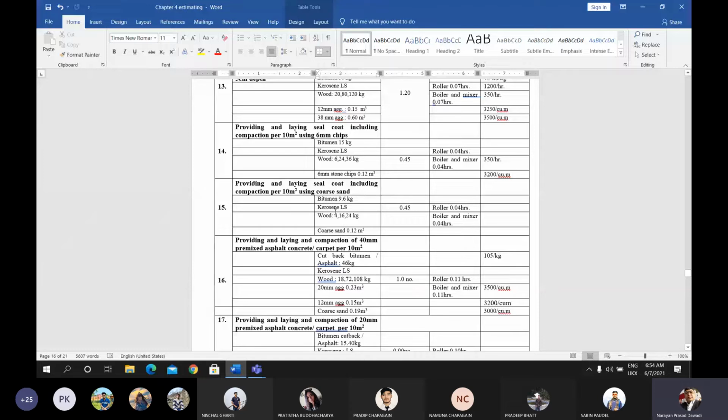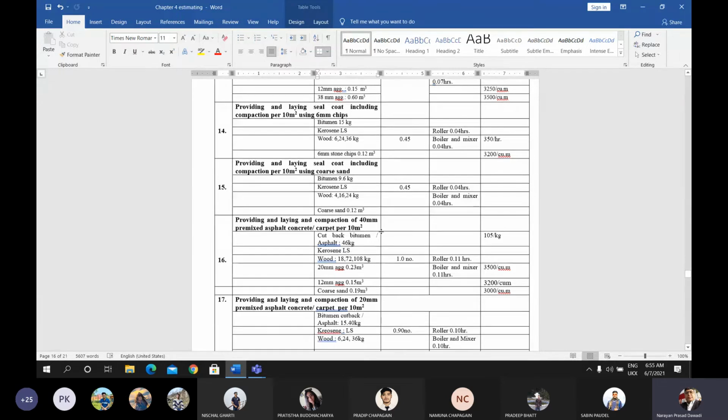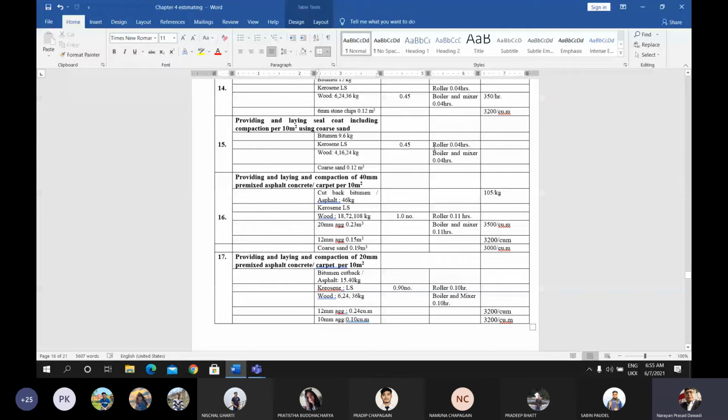This is the topmost part of the road surface, the seal coat, which may be done using 6 mm stone chips or coarse sand. Now you can do the rate analysis by yourself.